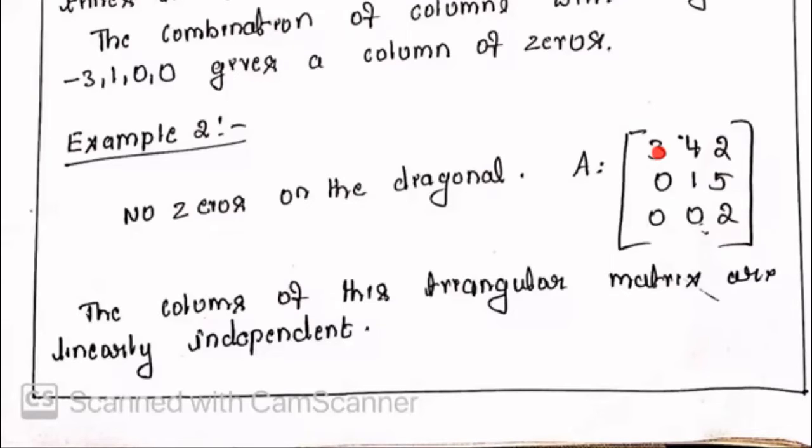If you are able to get 3 pivots like this, then it is linearly independent. That means you have diagonal elements that are not zeros. If you have zeros, then you have to think twice. It is linearly dependent. Okay. If 0 is not there, then you can call it linearly independent.